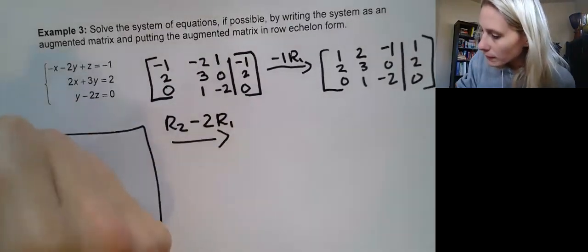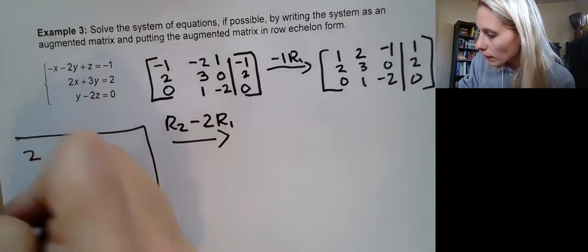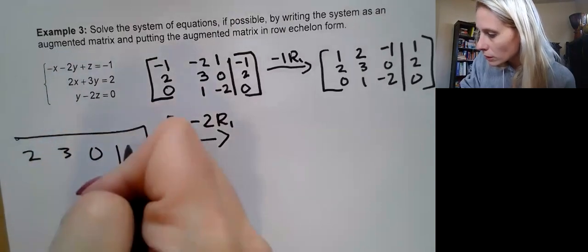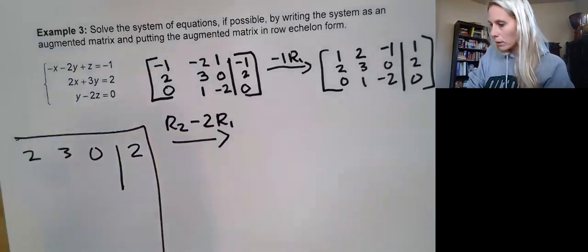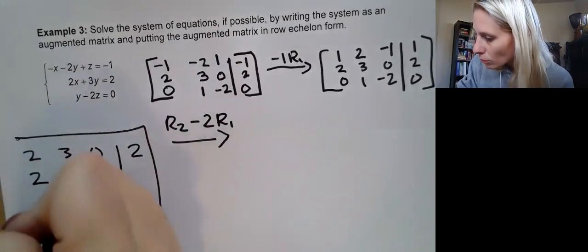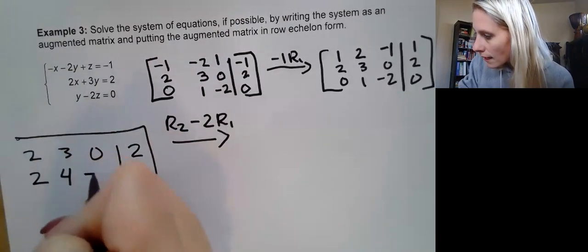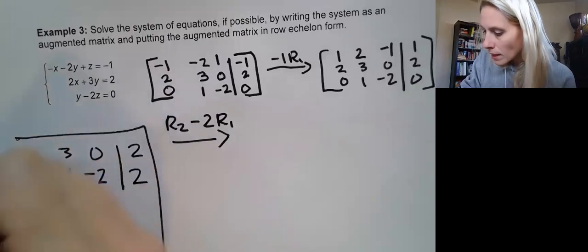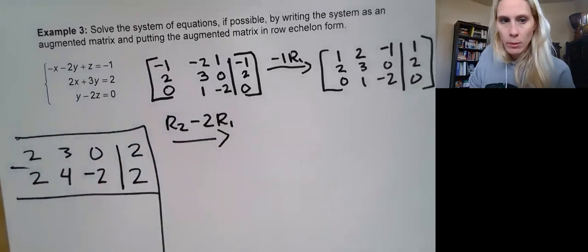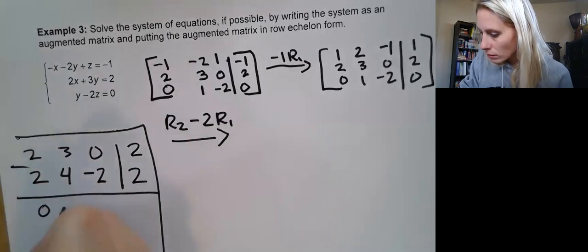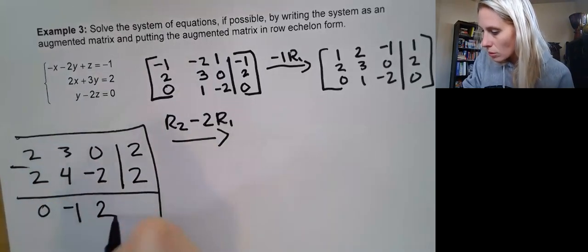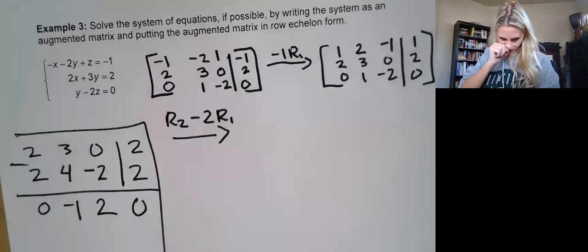So row 2 is 2, 3, 0, 2, and I'm going to double the first row, so 2, 4, -2, 2. I'm going to subtract straight down because I want that 0. So 0, -1, 2, 0.